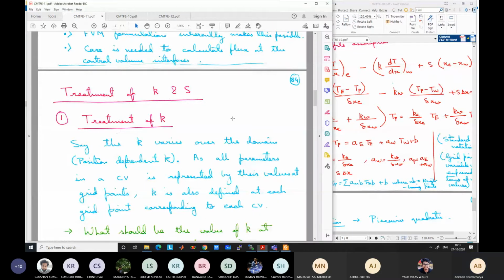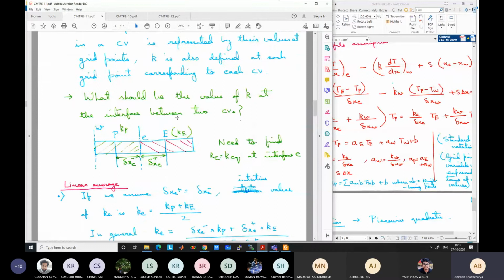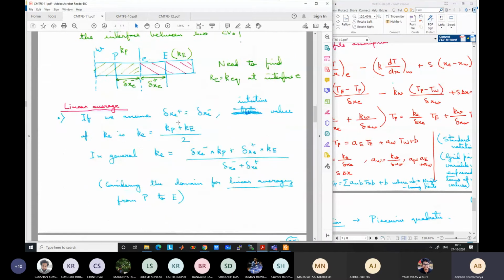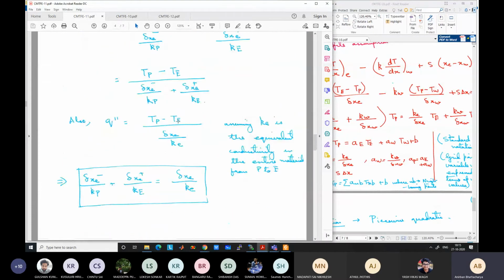So we have seen that instead of having a linear mean, the harmonic mean is much more suitable because it takes into account the physical aspect of how conduction occurs in a composite material. The resistance to conduction is captured accurately by the harmonic mean, not by the linear.